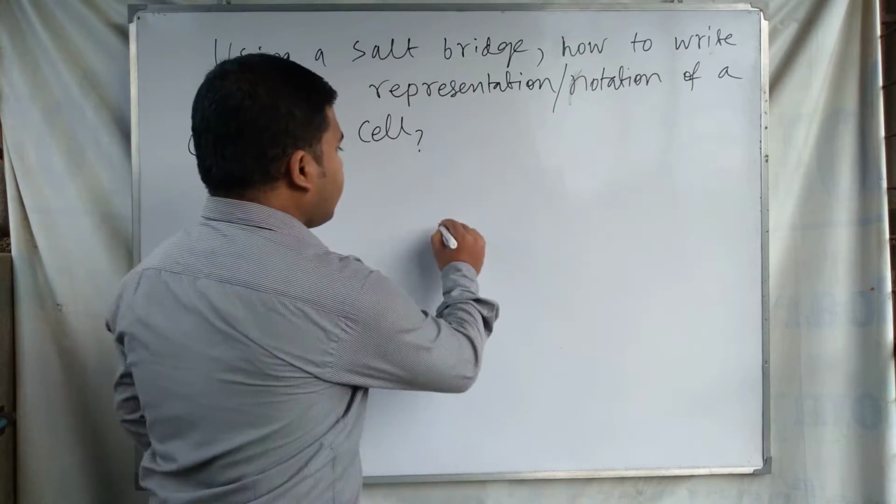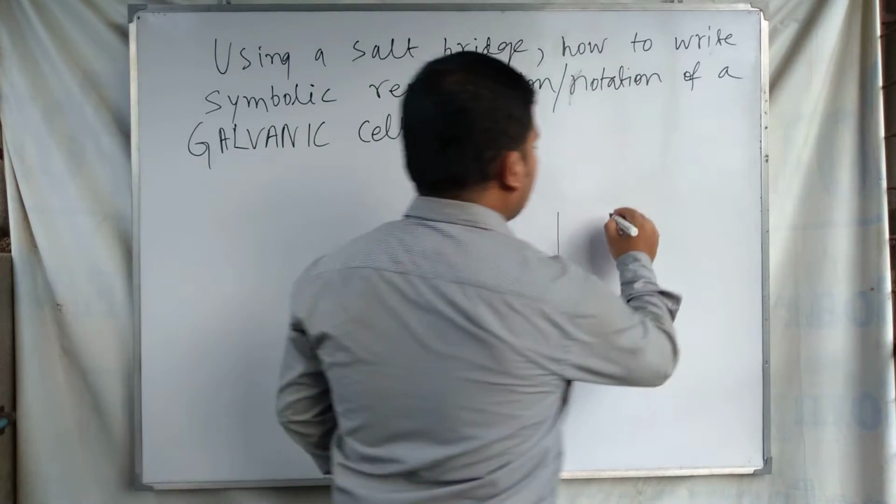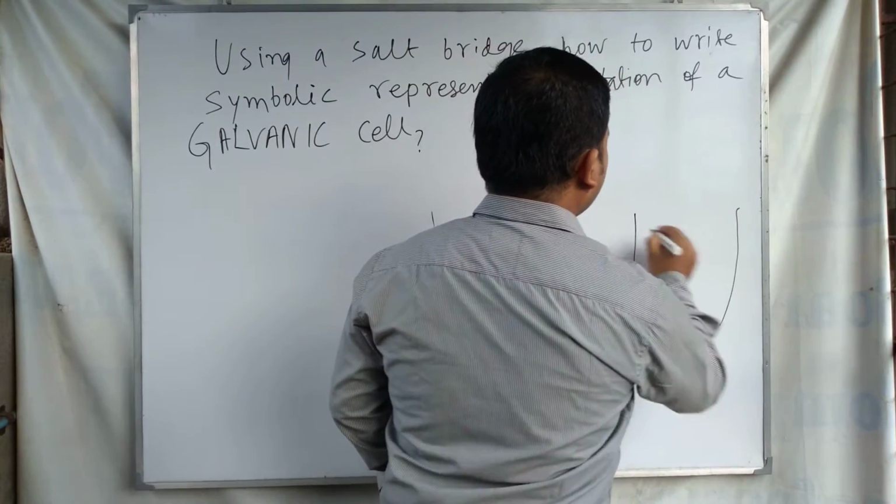Suppose we represent a galvanic cell: one beaker and another beaker.